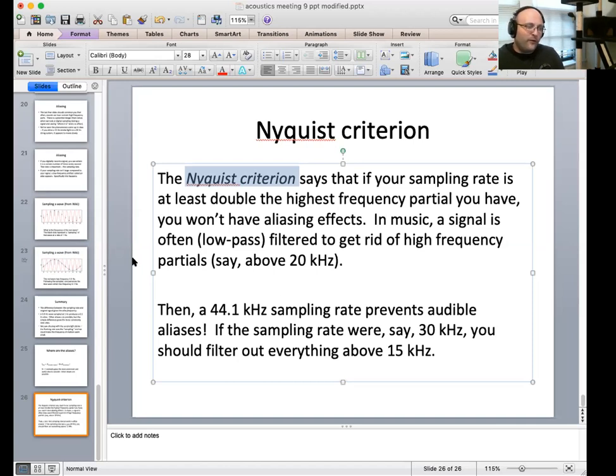So, right, 44.1 is extra. I've seen some workstations go as high as 48 or 96. You can increase the sample rate and get more precise signals. That takes more time to process computer-wise and more disk space to hold it and so on. So, other higher sample rates I've seen used before.